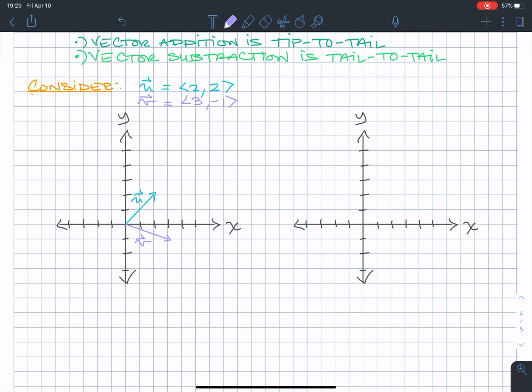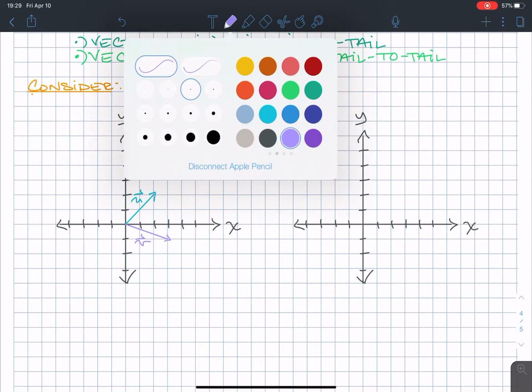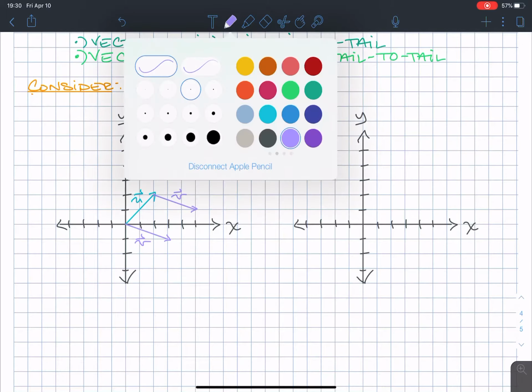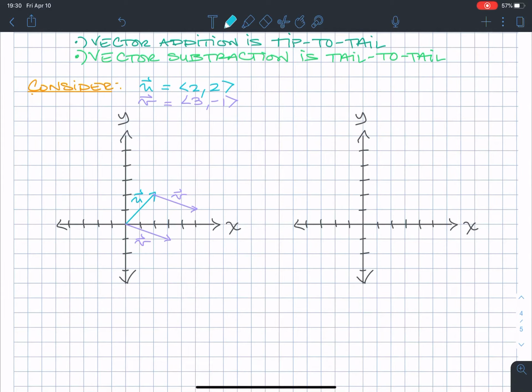So I'm going to put v, which is 3, -1 over here. I'll just go ahead and use the same color. So 3, -1, to the right 3, down 1. This is also v. And let's have u be over here, which is up 2. So this is also u.